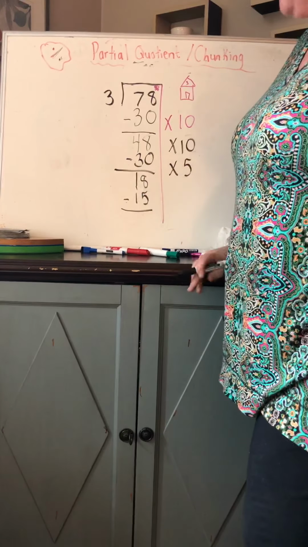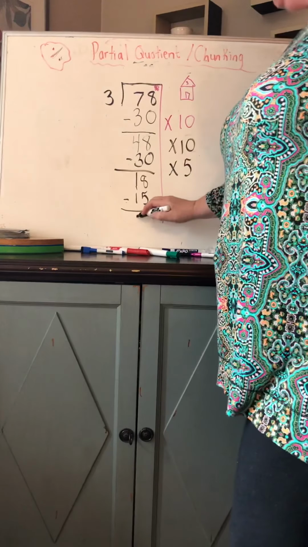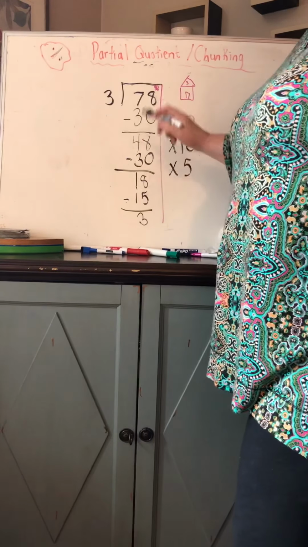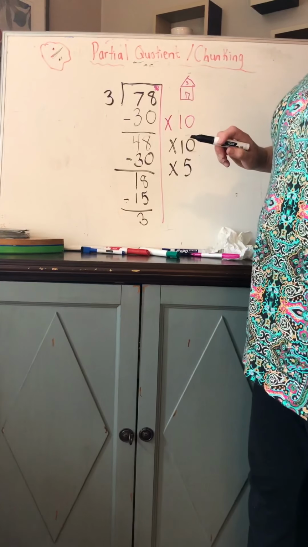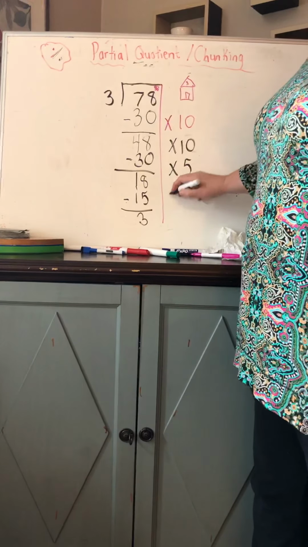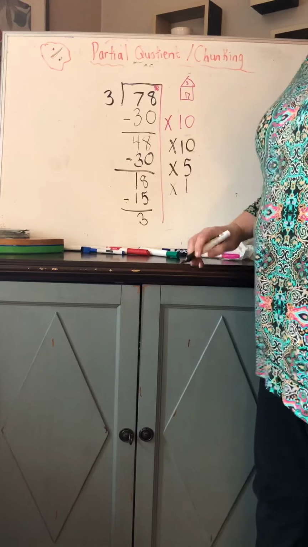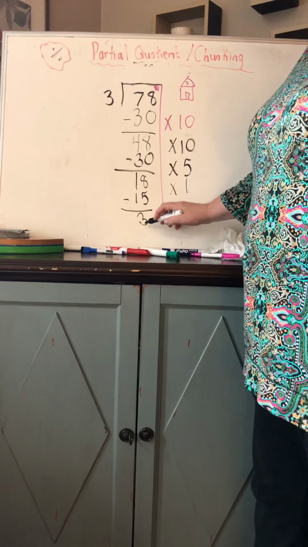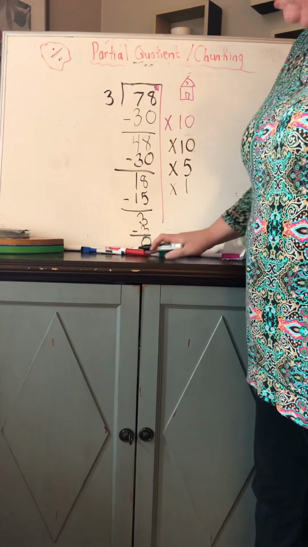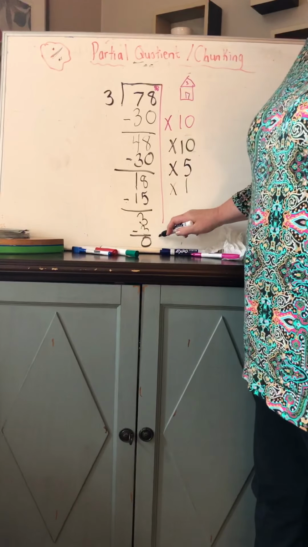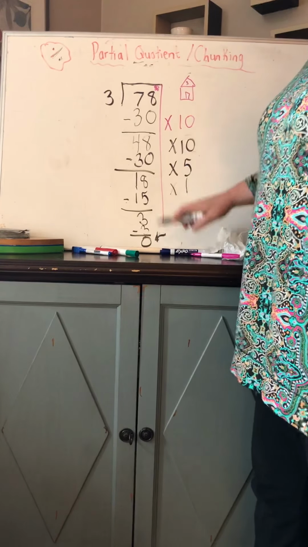How many flowers do I have remaining to share? I have 3. Ooh! And remember, I have 3 houses to deliver to. So everybody can get 1 more. And I've now used up another 3. Do I have any left to share? No, I have 0 remainders this time.